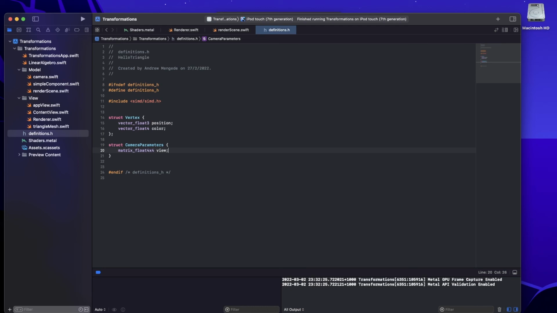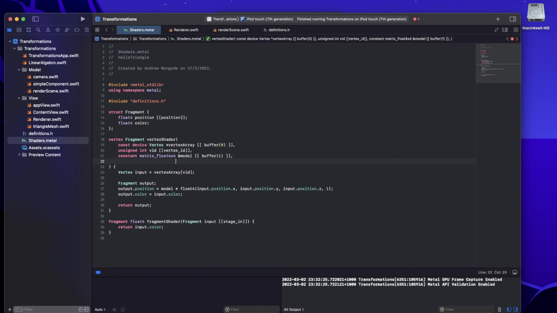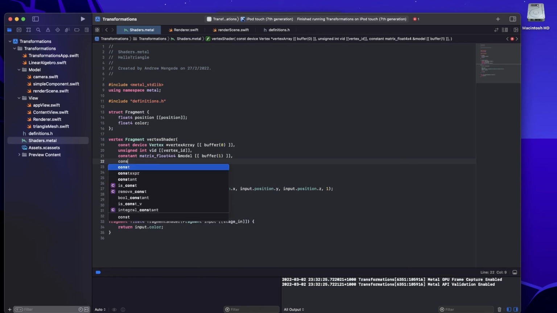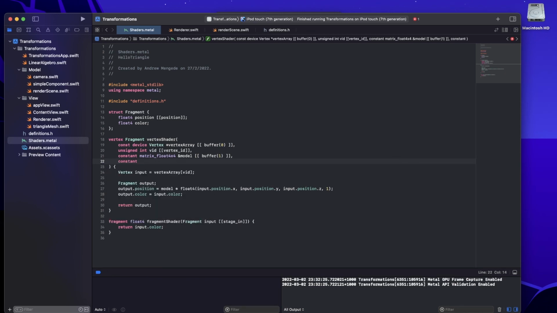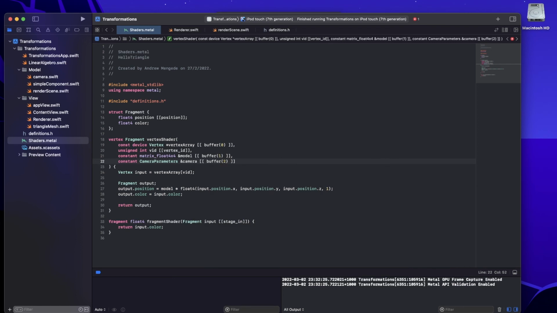We'll just go with that for now. Okay, so let me go to the shaders and in addition to this, we're going to take in a camera object, index 2 on the buffer, and camera view.